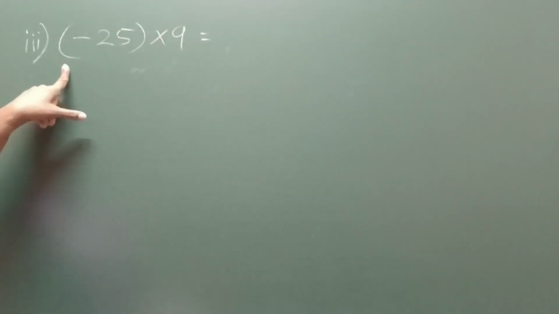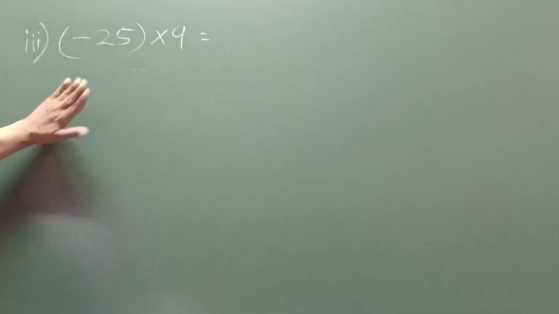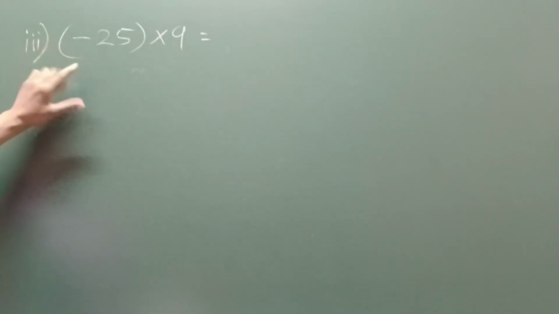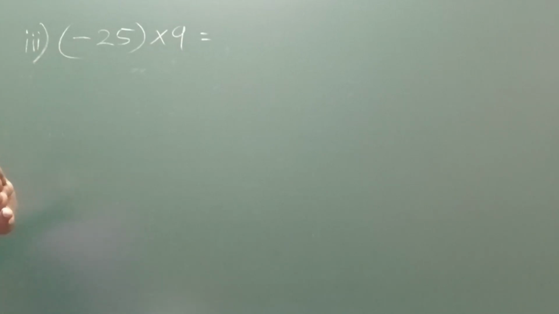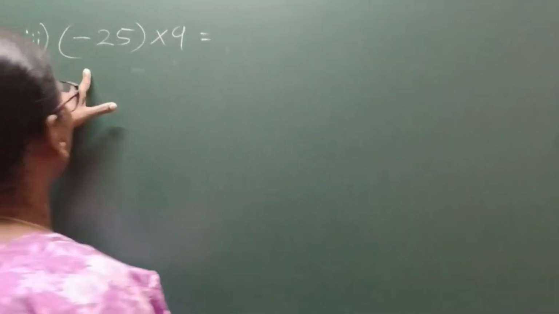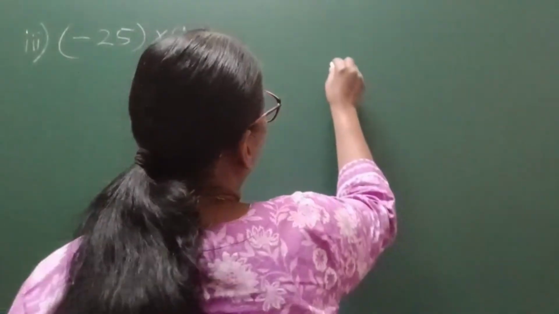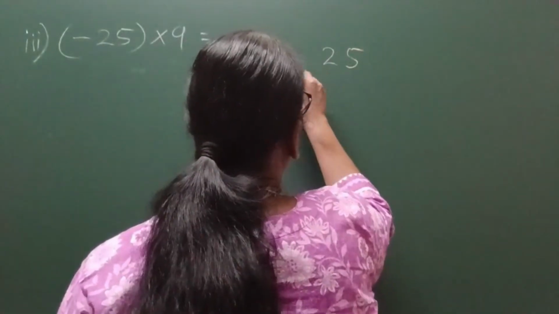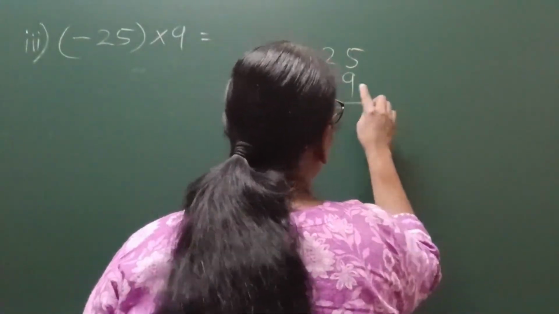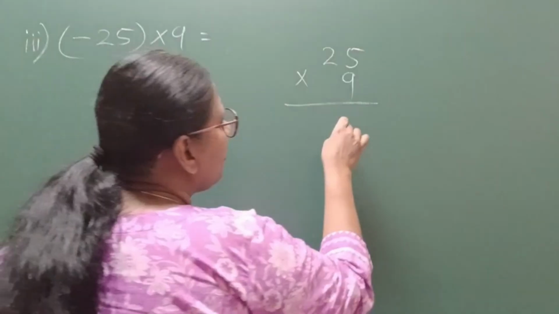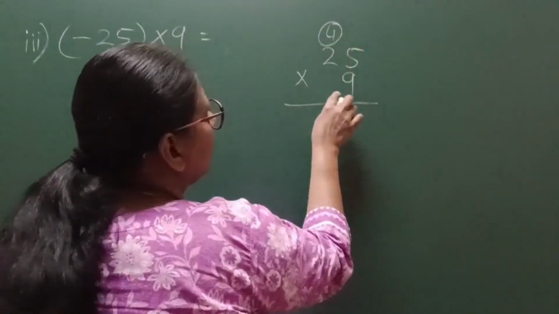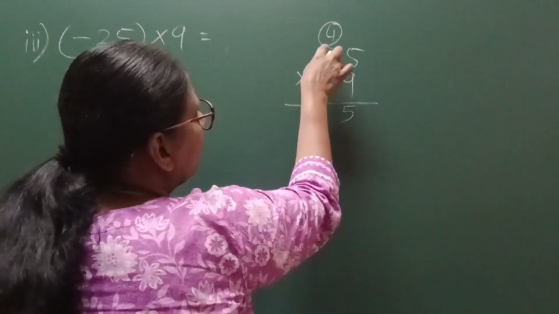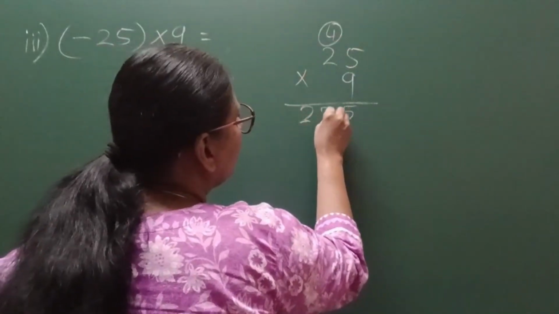We find the absolute value, which is just without the sign. So we multiply 25 into 9. 9 5s are 45, 4 balance. 9 2s are 18 plus 4, 22.